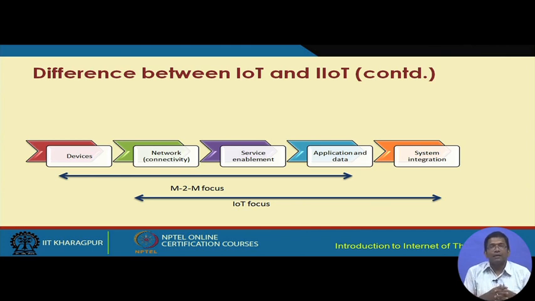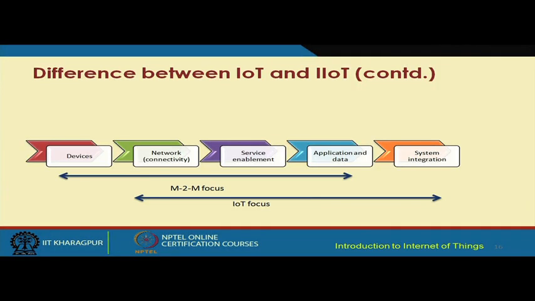Integration is one of the important features of IoT. So, M2M versus IoT: M2M focuses on devices. Of course, both M2M and IoT have a focus on other aspects like network connectivity, service enablement, application and data. These are there for both, whereas M2M focuses particularly on devices, IoT focuses more on system level integration.